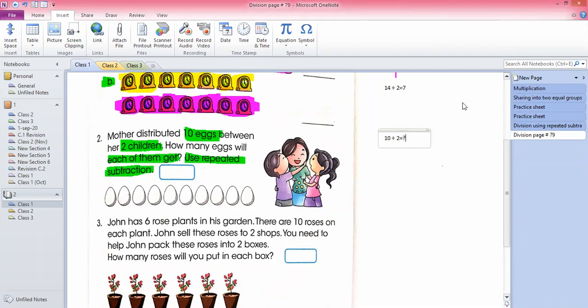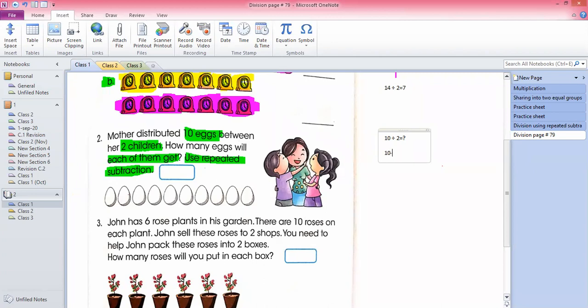So guys, what we have to do, we have to follow repeated subtraction method. Repeated subtraction method, right? We know that there are total 10 eggs. If you give one egg to each child, that means one time you will give them two.